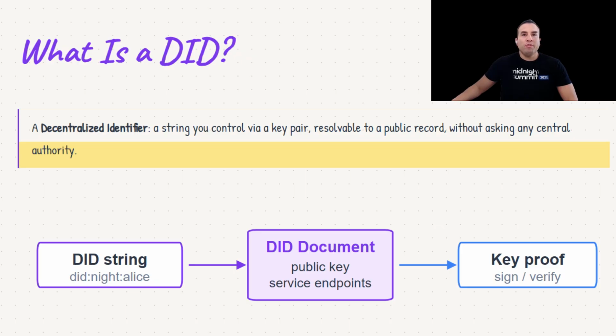And you prove you control the DID by signing something with the corresponding private key. That's the whole concept. Every decentralized naming system you have heard of, ENS, DIDs on Solana, Unstoppable Domains, and yes, also Midnames with the domains .night, implements this same pattern with different specifics.